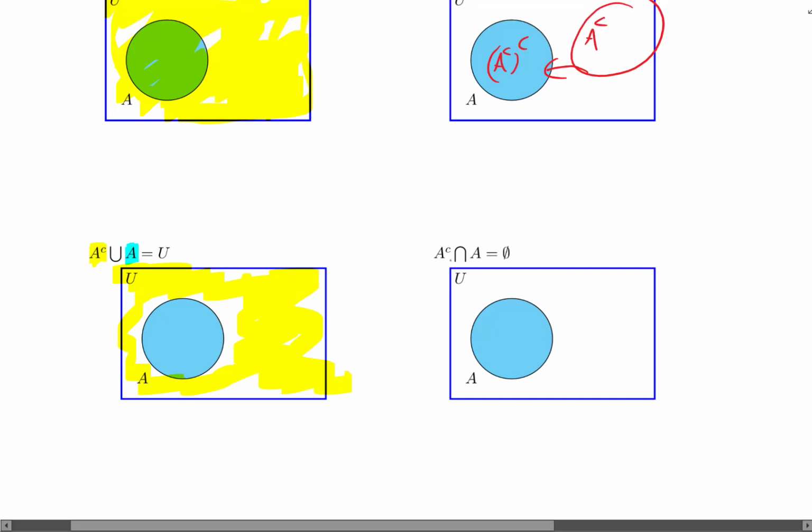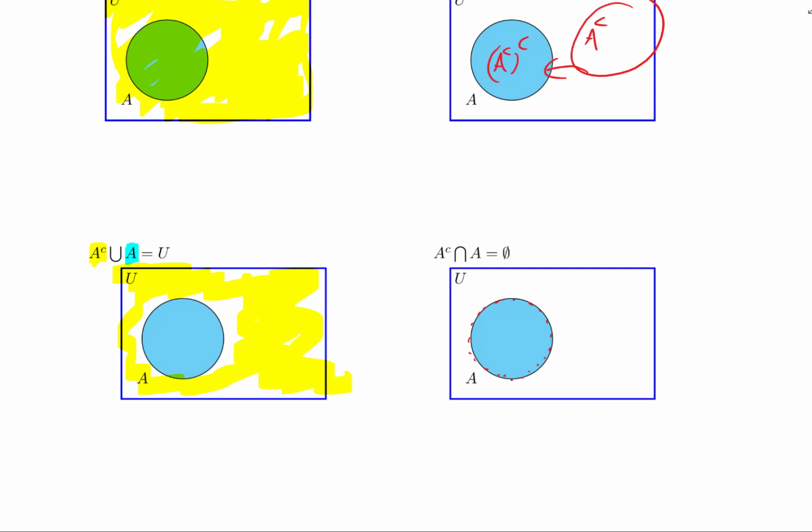So here we've got the A complement and A. Where do they intersect? Well, that's where the border between the two sets is, but they do not overlap. So the intersection of those two sets is simply the empty set, right? It's nothing, right? Because by very definition, the intersection of A complement and A cannot share any of the same points.